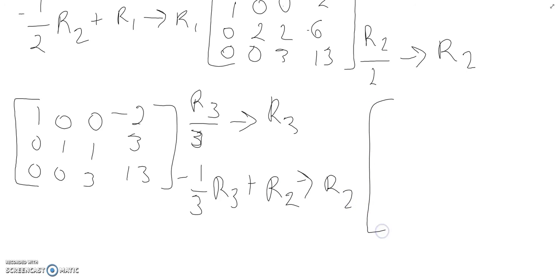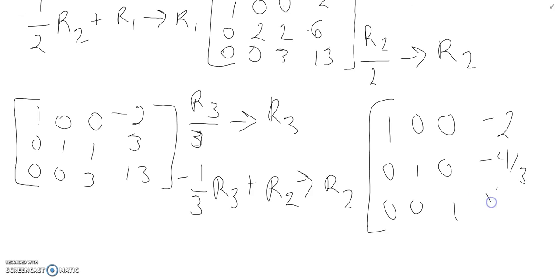That matrix is going to become 1, 0, 0, 0, 1, 0, 0, 0, 1, negative 2, negative 4 over 3, and 13 over 3.